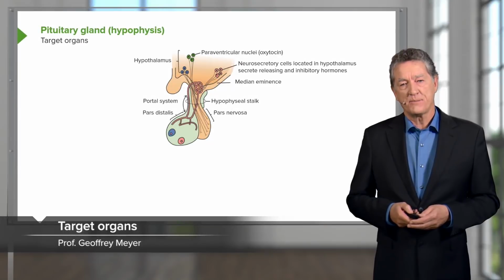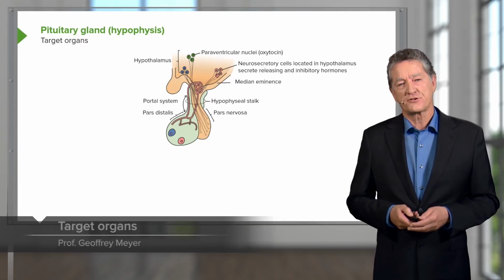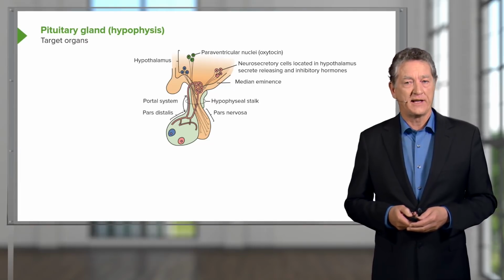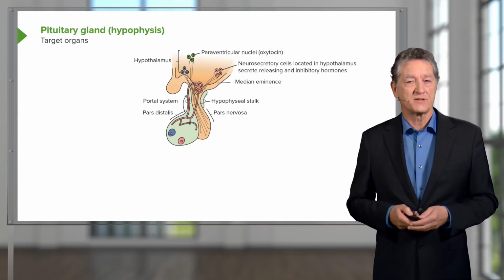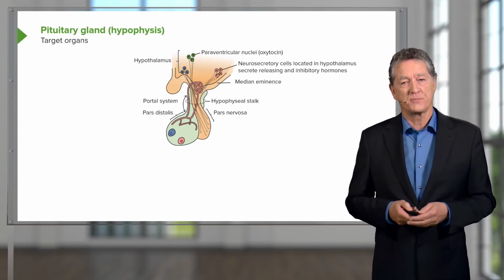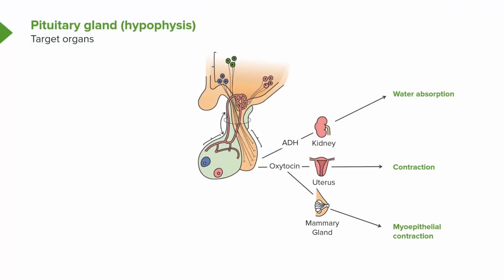We can now summarise the structure of the pituitary gland, and then we can start to assign different secretory products from those different components of the pituitary gland. Firstly, I did mention earlier that in the posterior pituitary, the neurons in the supraoptic and paraventricular nuclei synthesize ADH and oxytocin.